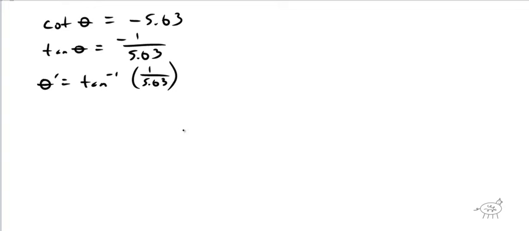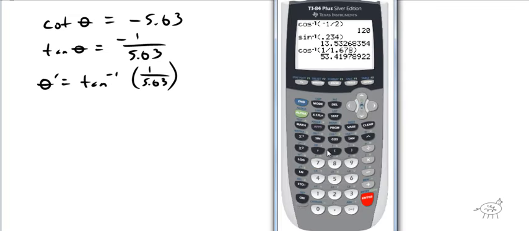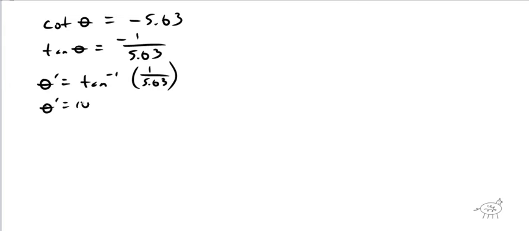And so let's show you that on the calculator. So inverse tangent of positive 1 divided by 5.63. And that gives us 10.1 degrees, right? 10.1. Theta prime equals 10.1 degrees.